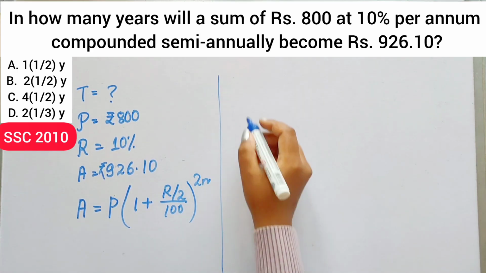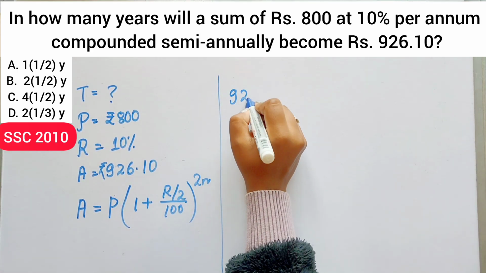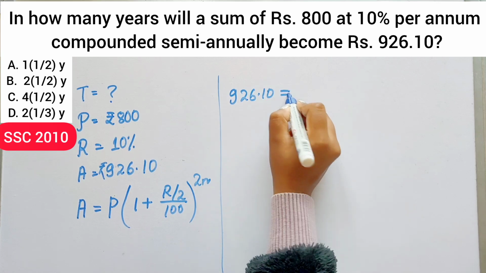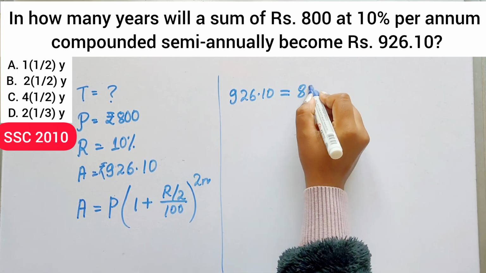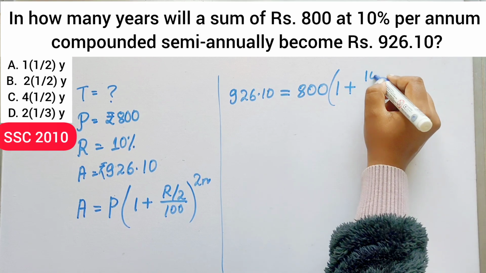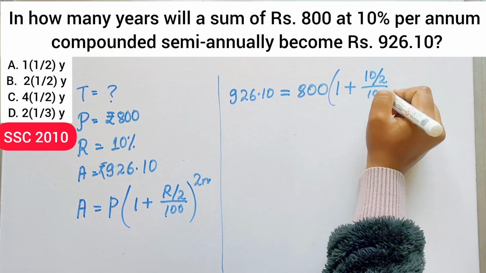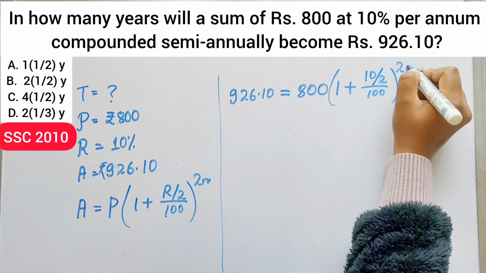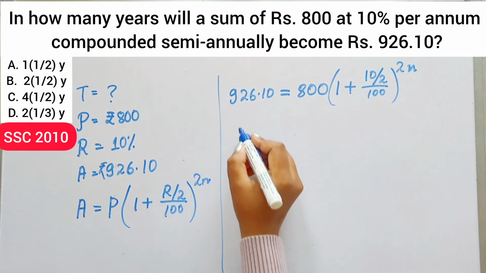So let us find it. Amount given is 926.10 equals principal 800, 1 plus rate 10 divided by 2, to the power 2n. n is what we have to calculate.